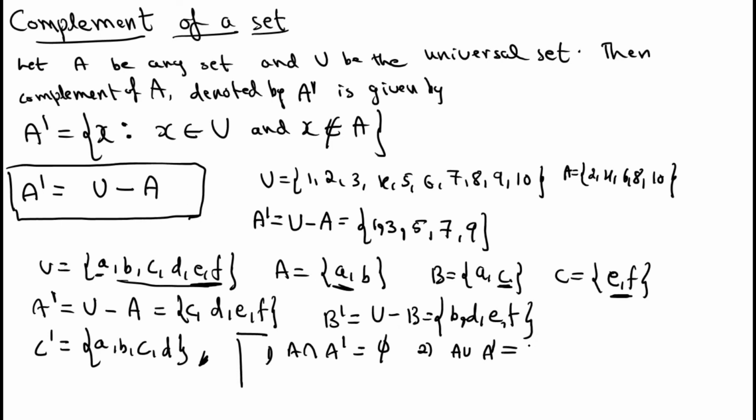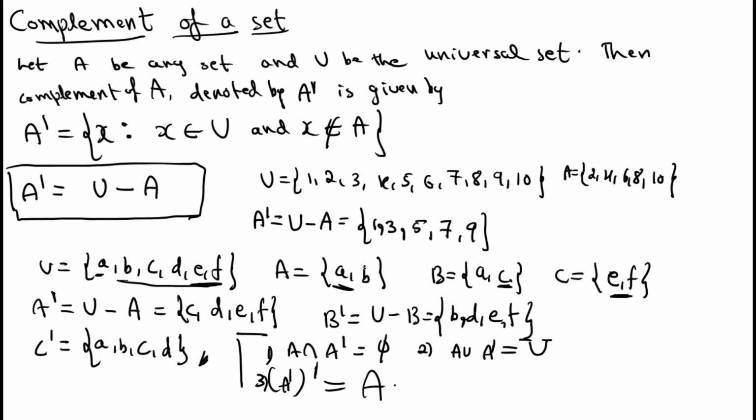Its value is equal to the universal set. A and not A, if you combine both the elements, you will get the universal set. You can check that in the previous examples. The third is A complement whole complement. It's a very important rule: A complement whole complement is equal to A itself.